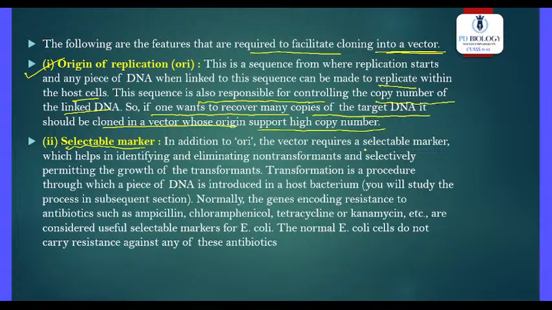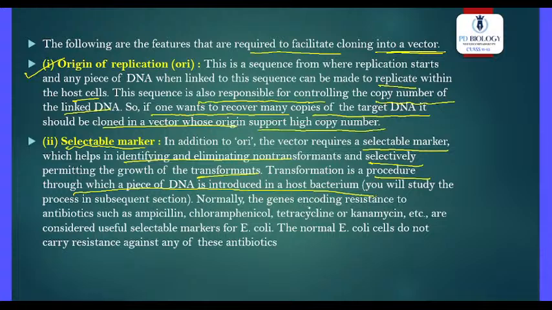The vector requires a selectable marker which helps in identifying and eliminating non-transformants and selectively permitting the growth of transformants. Transformation is a procedure through which a piece of DNA is introduced in a host bacterium.